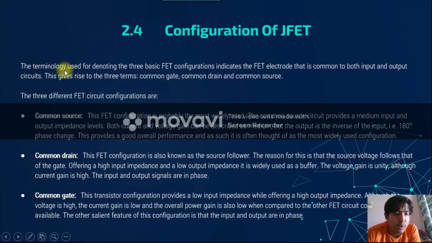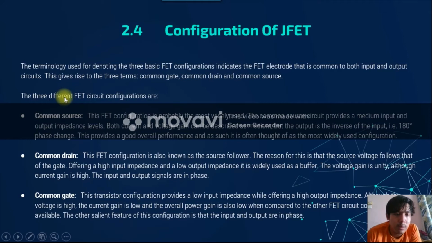The terminology used for denoting the three basic FET configurations indicates the FET electrode that is common to both input and output circuit. This gives rise to the three terms: common gate, common drain, and common source.